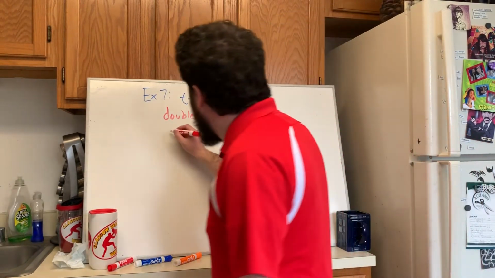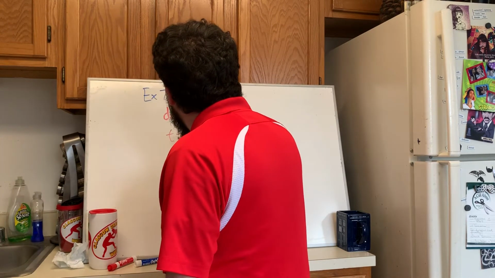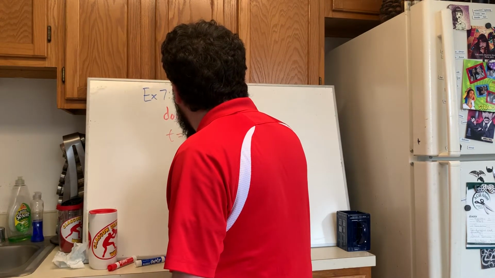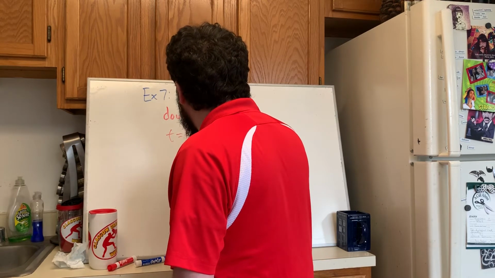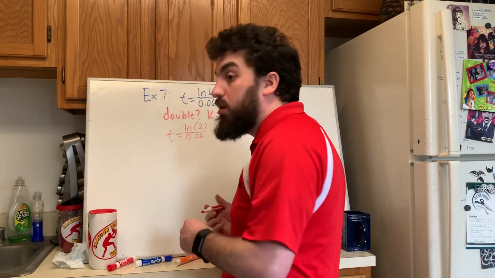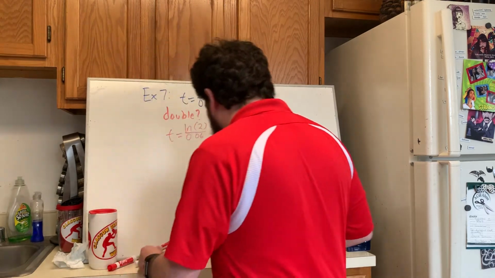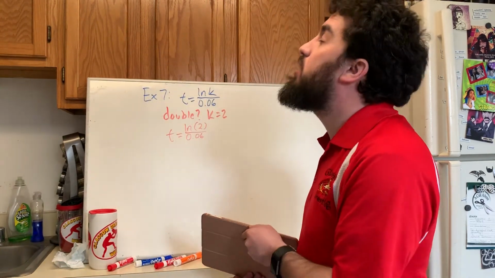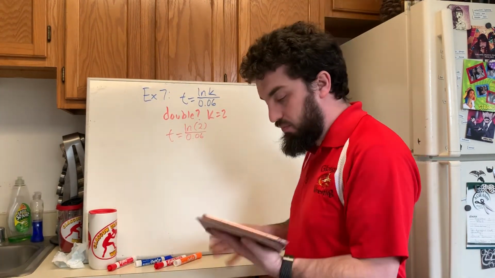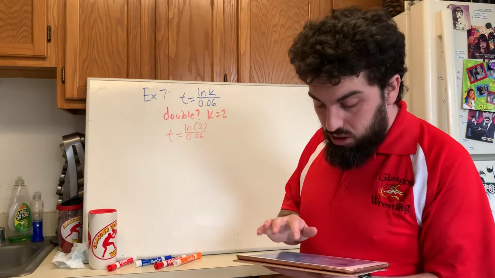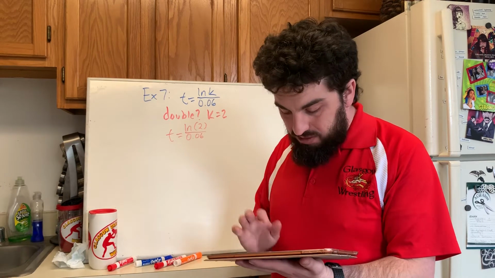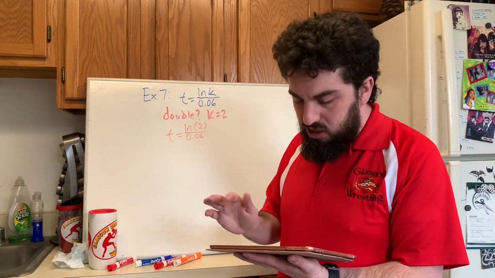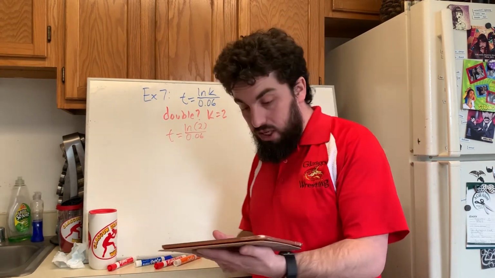So let's utilize this function here. Time is equal to the ln of 2 over 6%, or 0.06. So again, this is just going to be a matter of typing in the calculator. Finding the natural log of 2, not an easy task. So this is all calculator here.